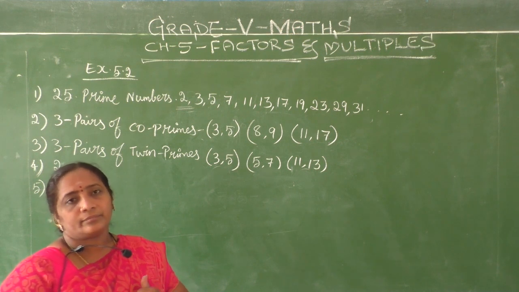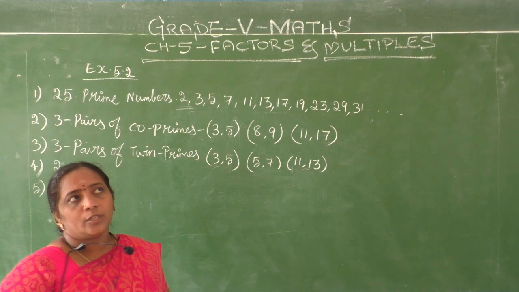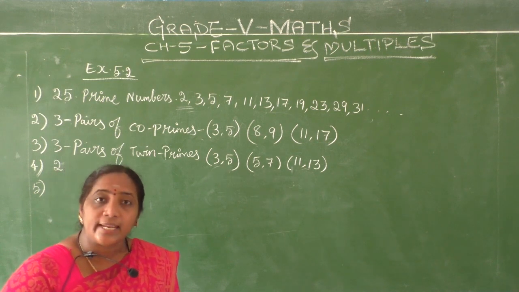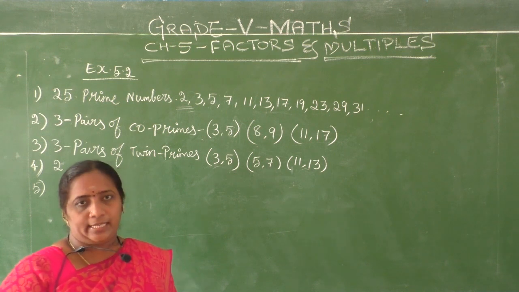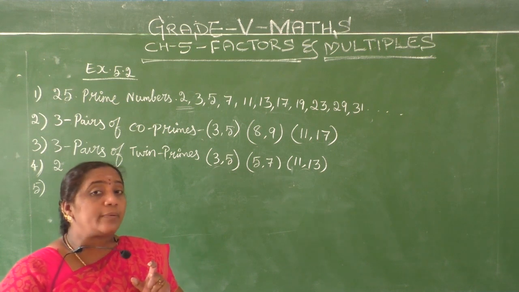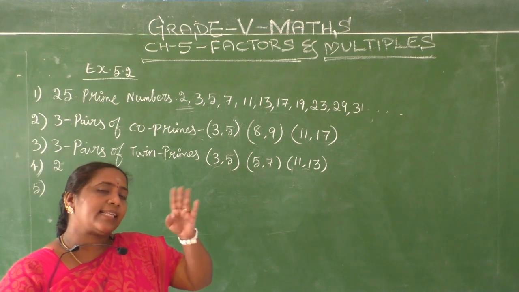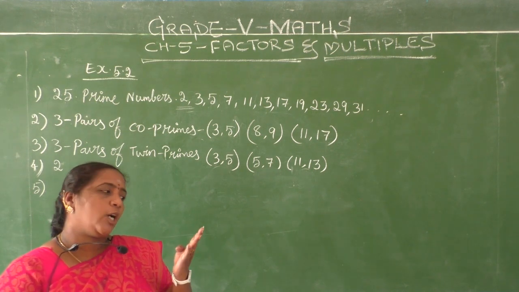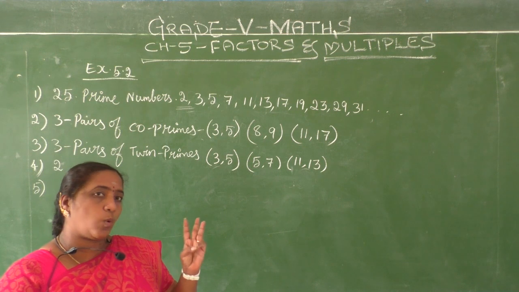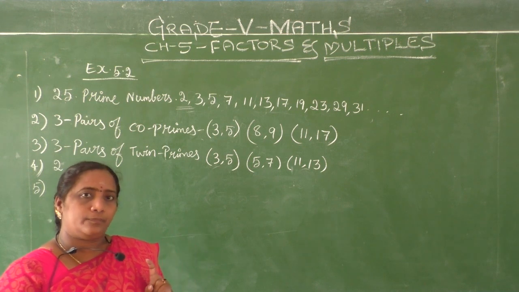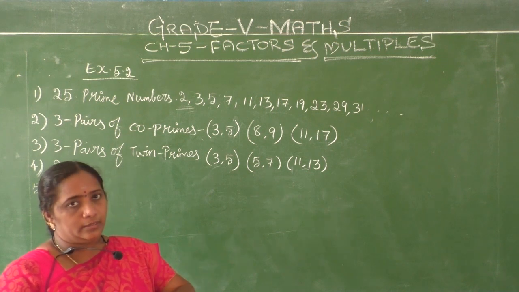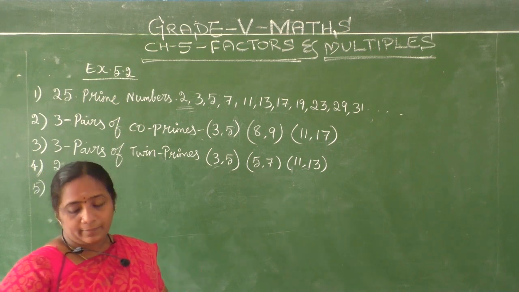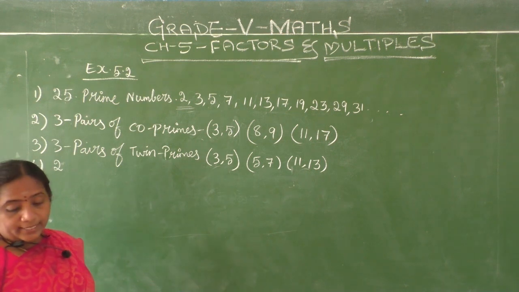Is it 3? No. 3 is also prime, having only 1 and the number itself. The smallest composite number is 4, the next even number, because 4 has 3 factors: 1, 2 and 4. So 1 is neither prime nor composite, and 2 is the only even prime number. Okay, we completed up to 4.